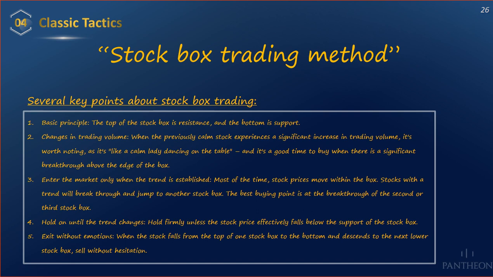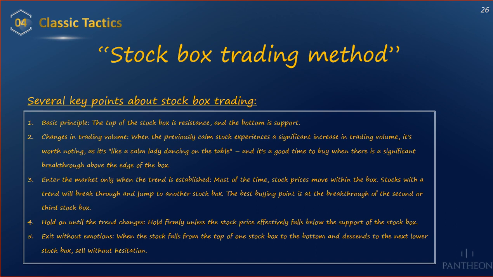For point number 3, enter the market when the trend is established. Most of the time, stock prices move within the box. Stocks with a trend will break through and jump to another stock box. The best buying point is at the breakthrough of the second or third box.